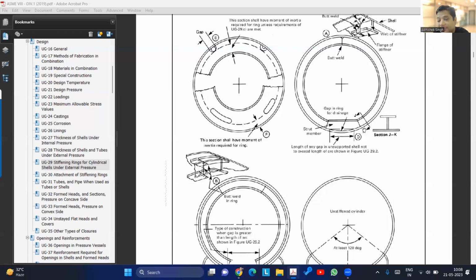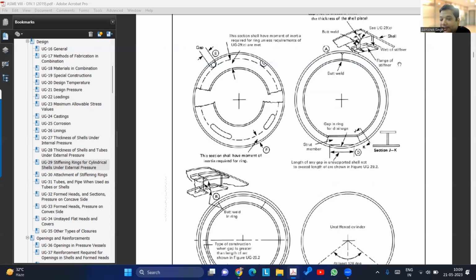Are these the baffles? No, sir. But we can use the baffle as an internal stiffener also, no? No, you cannot use baffles as an internal support ring. See, baffles are not attached. They will always have a difference of diameter.